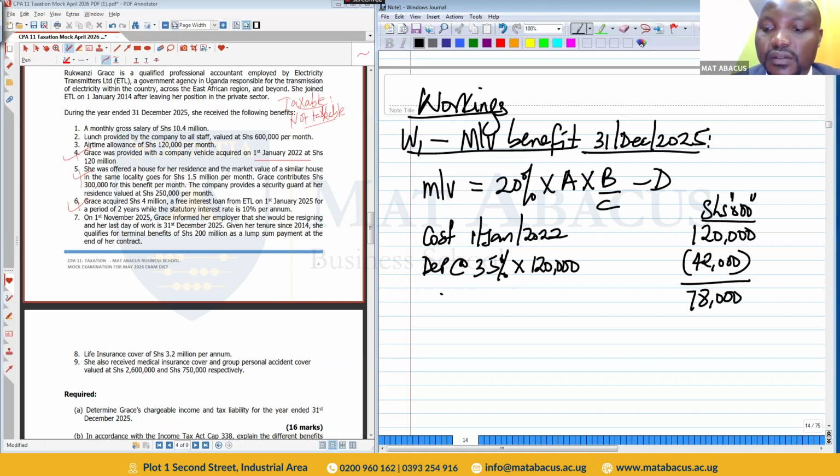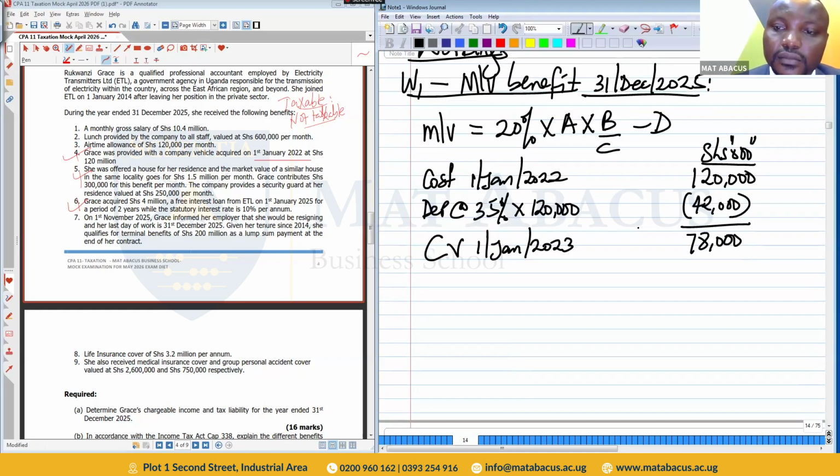Now this 78,000 is the carrying value of the vehicle on 1st January 2023. Then we shall get the depreciation at 35% because we are using reducing balance, times 78,000 times 0.35, which will be 27,300.